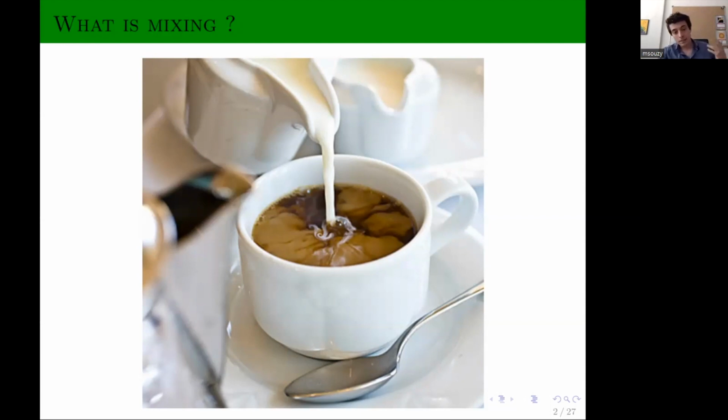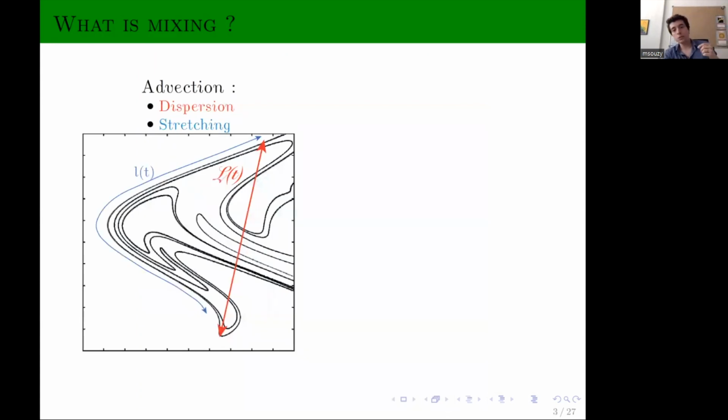So mixing is this process of getting the concentration distribution homogenized. And it actually results from two distinct effects which couple to lead to mixing. The first effect is what you're doing when you take your spoon and stir your medium. Basically, you generate some advection within the media.